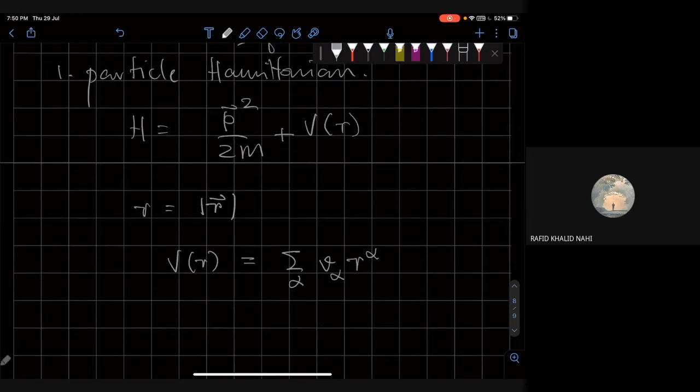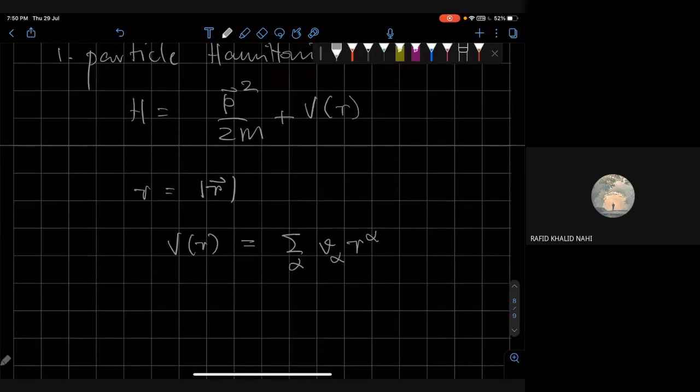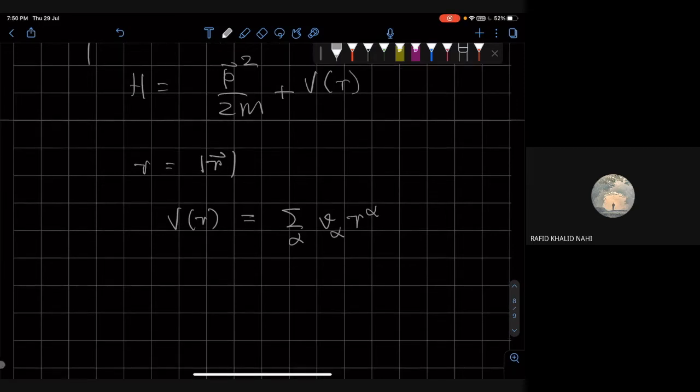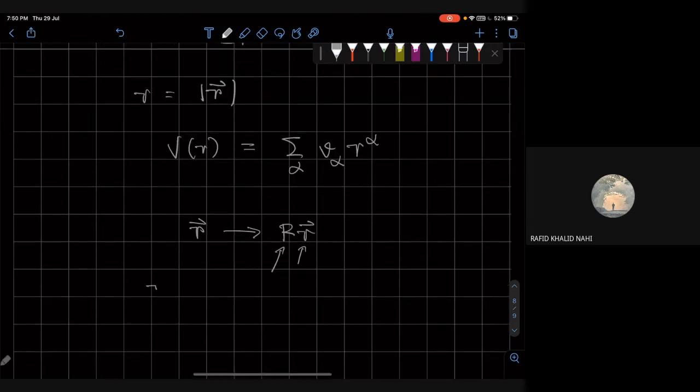To prove this, let's first write: if I have a position vector r, under a rotation r will be replaced by a rotation matrix R acting on r. And we know that the modulus of r squared, which is of course equal to the number r squared, is a number, not a vector.